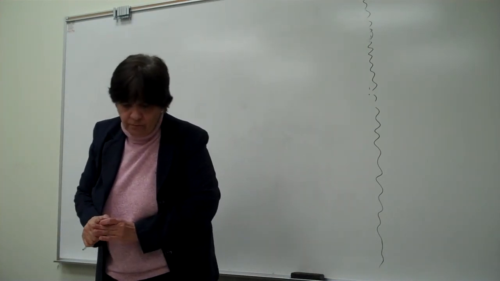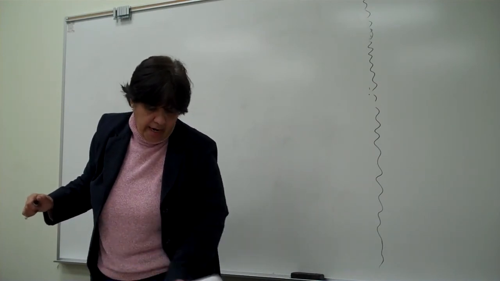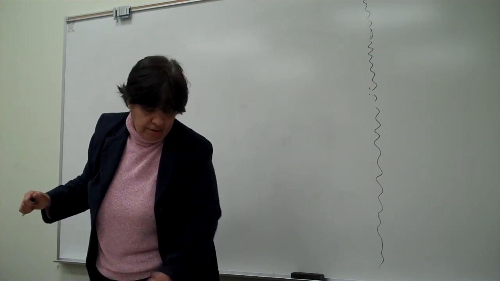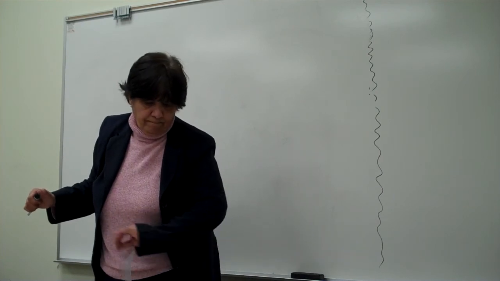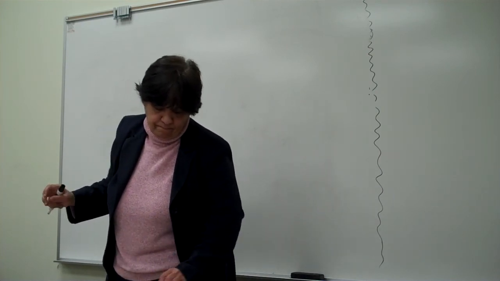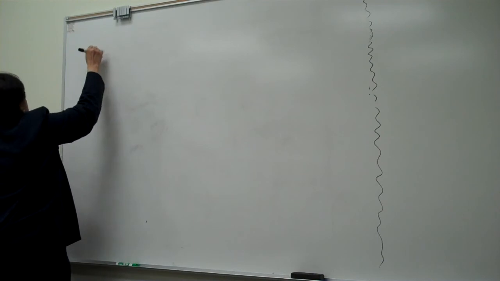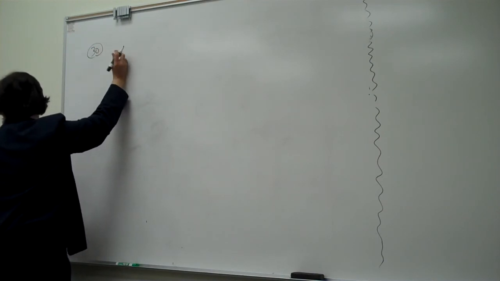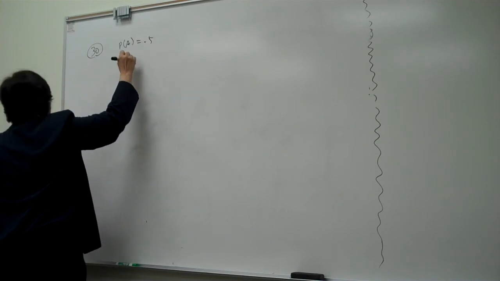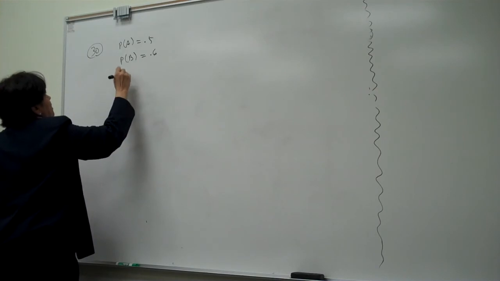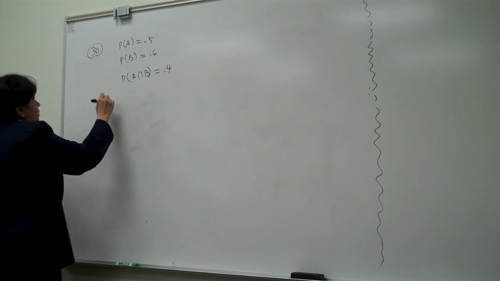Let's do problem number 30 on page 175. It says, suppose that we have two events, A and B, with the probability of A equal to 0.5, the probability of B equal to 0.6, and the probability of A and B equal to 0.4.